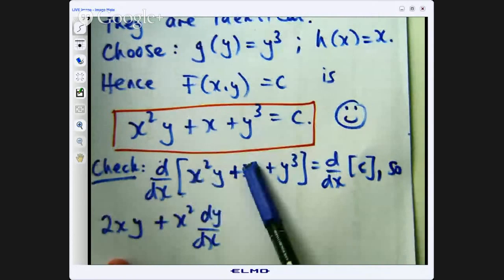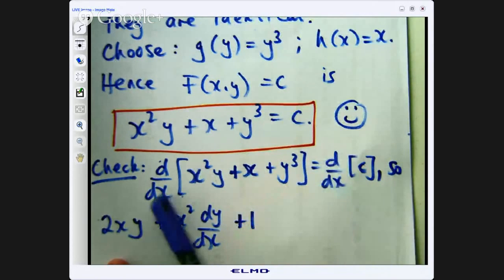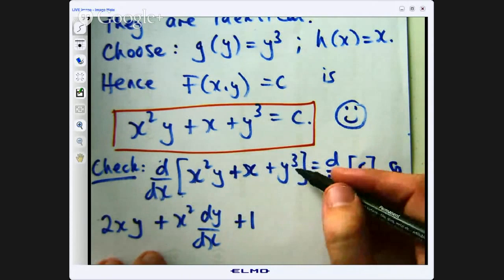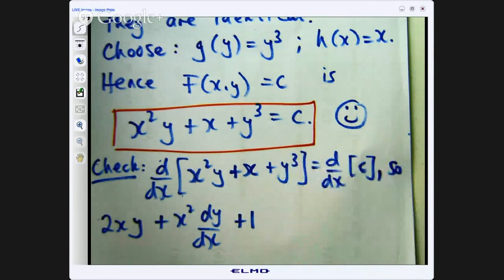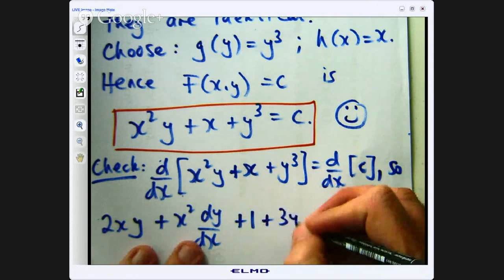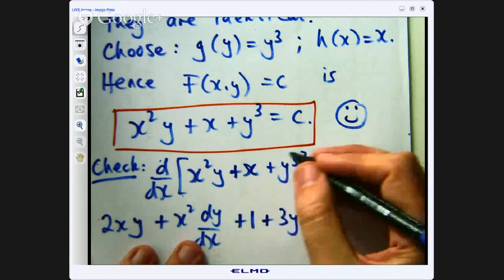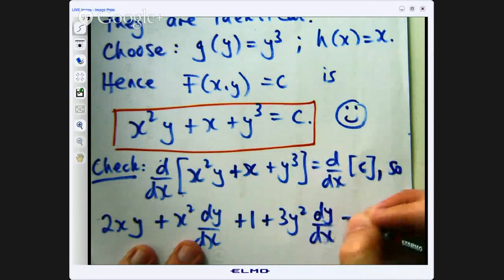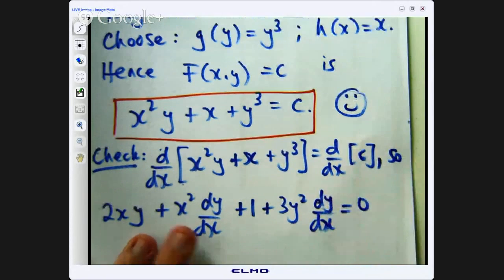Okay, what about the next bit? D dx of x is just 1, and d dx of y cubed, well, just applying the chain rule there, it's going to be the derivative of y cubed with respect to y times dy dx. So the derivative of y cubed with respect to y is 3y squared times dy dx. And we've got the 0 from the right-hand side.